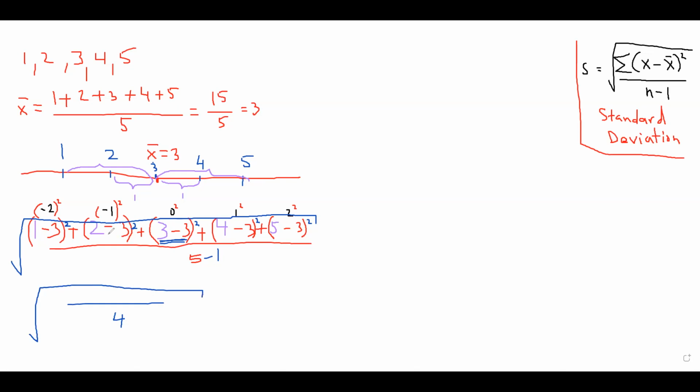And what I divide will be 2 squared, which is 4, plus 1 squared, and then 0, and then another 1, and then another 4. So when I add these together, I'll get 10. So it'd be the square root of 10 divided by 4, and that's actually 2.5.